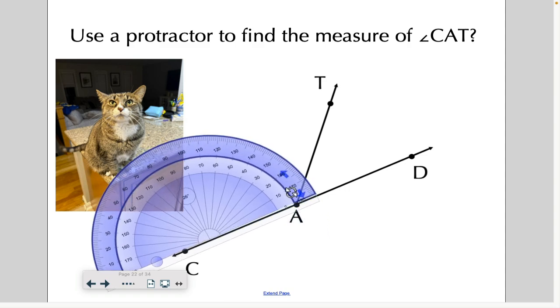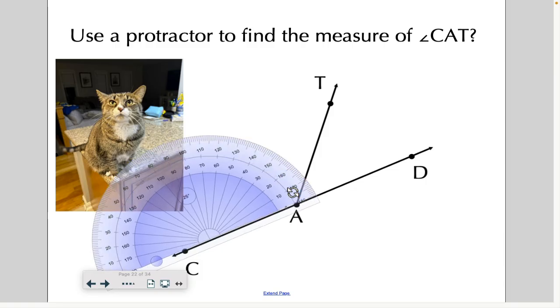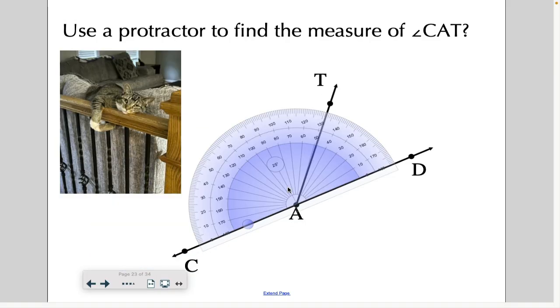And then you line the black line up with the bottom. All protractors are a little different. Most of them have a little gap at the bottom, do they not? So you gotta make sure you line up the black line, which is straight, down the bottom because you might miss a measurement. And then you see where the angle is. And then kind of go from there.